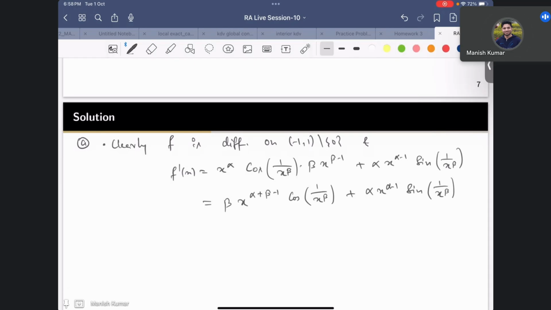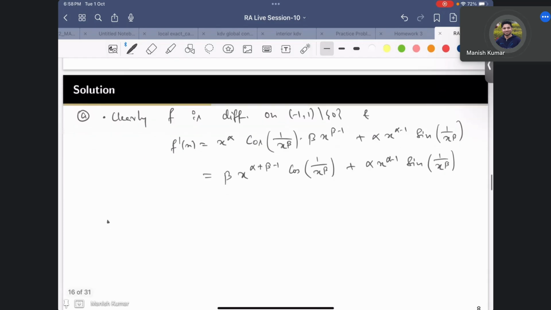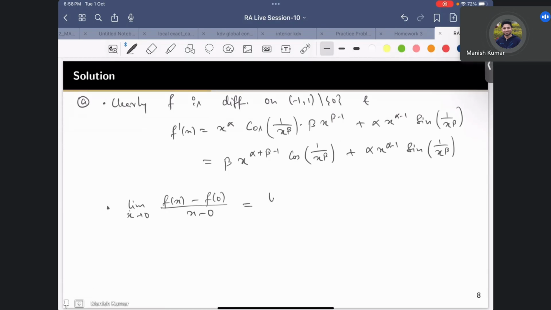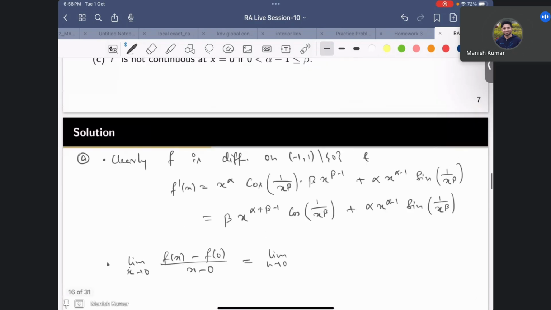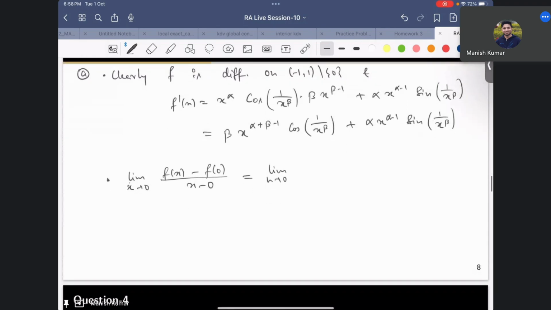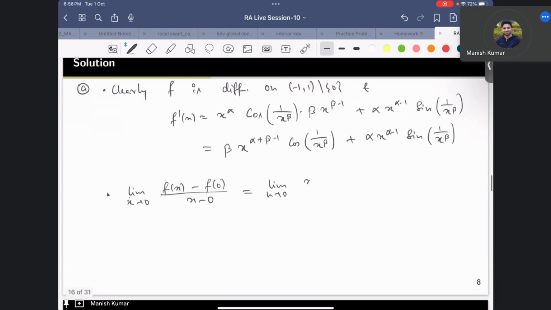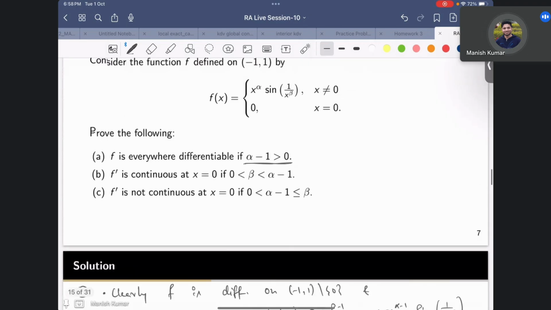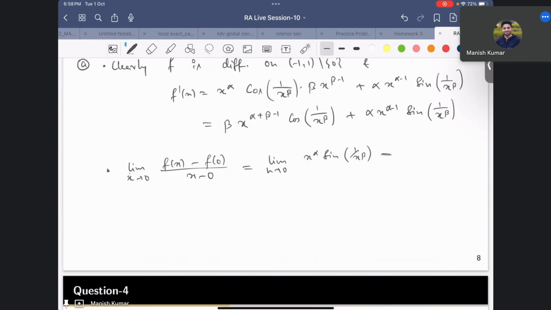Now we have to check the differentiability at 0. For that, this limit (f(x) − f(0))/(x − 0) should exist. This can be further simplified: f(x) is x^α sin(1/x^β), and f(0) is given to be 0, so that is 0, and then you have x here.